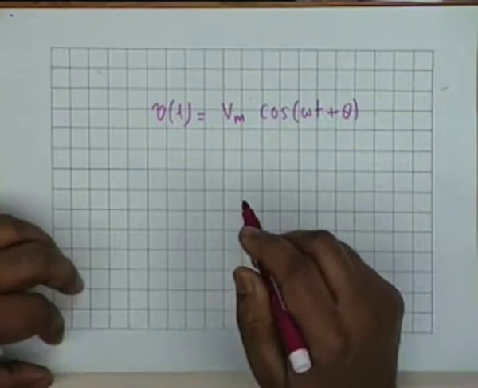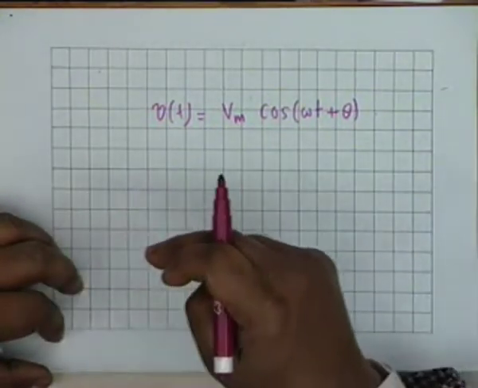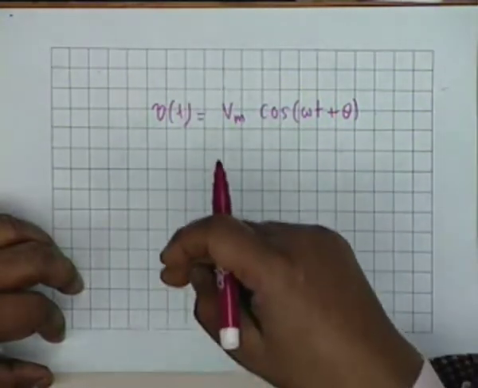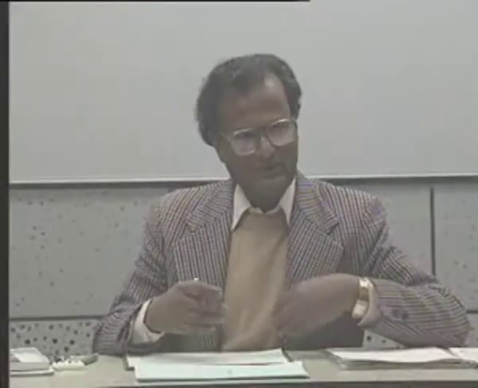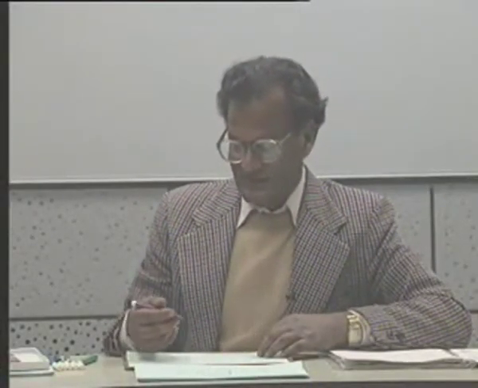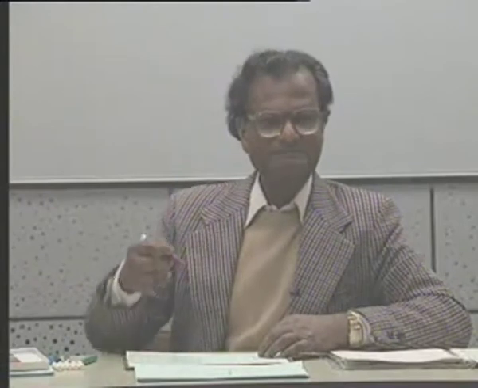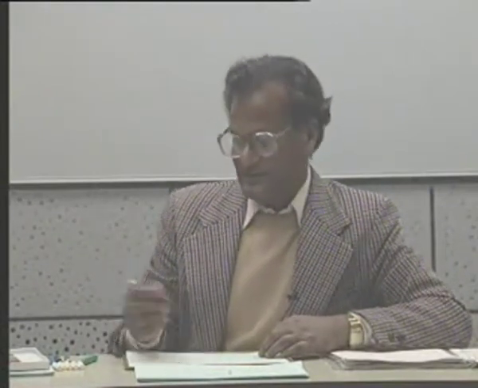Cosine, we take as our standard reference, and we represent sine on the imaginary axis. It can be the other way around, there is nothing sacred about it, all right. It's only because Vm cosine omega t plus theta can be represented as the projection on the x-axis of a vector Vm e to the power j omega t plus theta. That's why we take this as the reference.